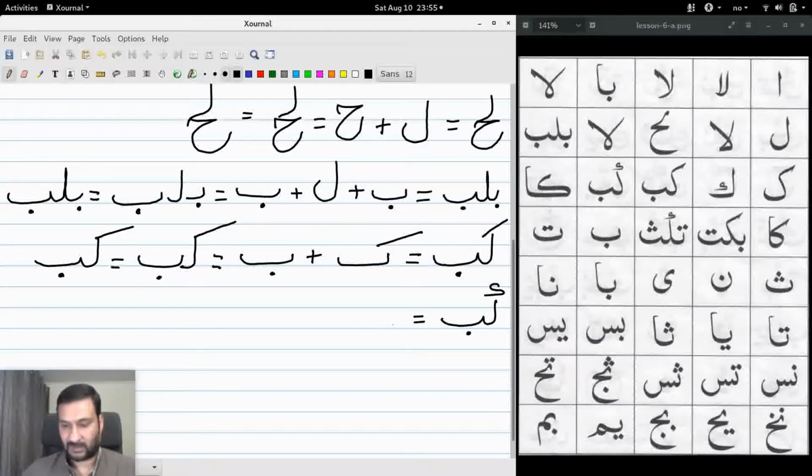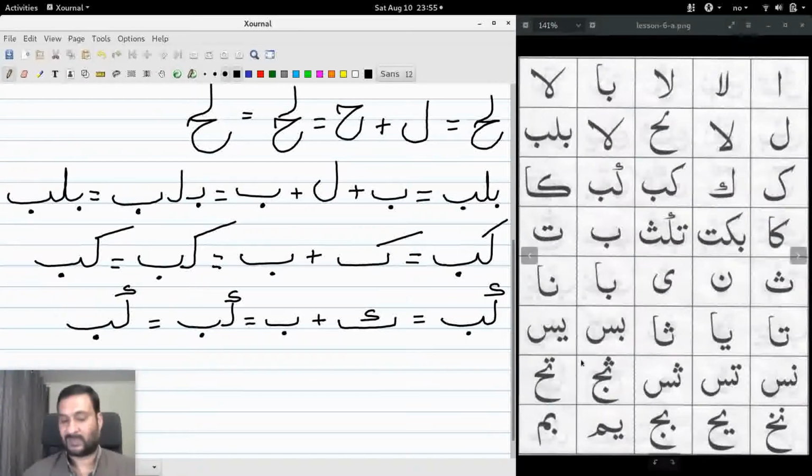It's made of the letters kaf and ba, and exactly as before, you combine the first part of the word like so, join it with the next letter, kaf ba, and if you write it fluently, it becomes like so, kaf ba.